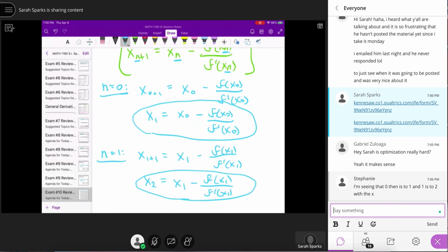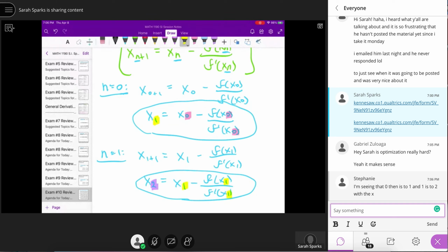Yeah, Stephanie, you're right. We see that we have a 1 on this side, and then everything on this right side is 0. On the next one, we have a 2 right there, and everything on the right-hand side is going to be a 1.